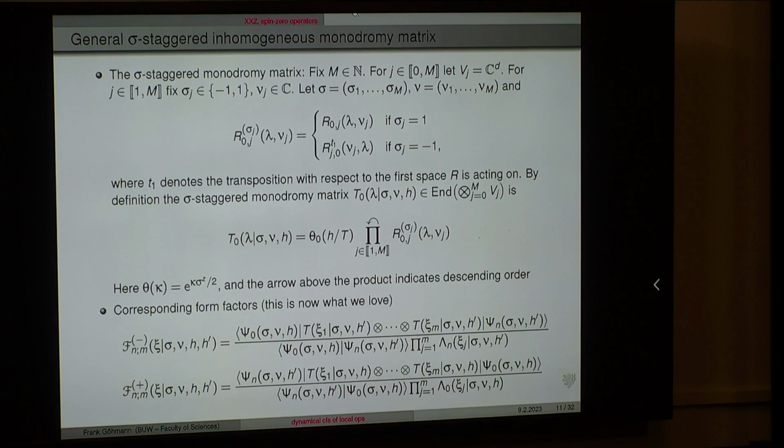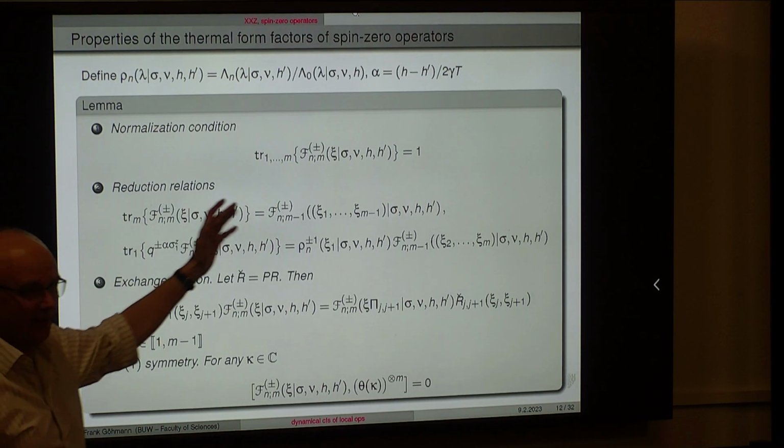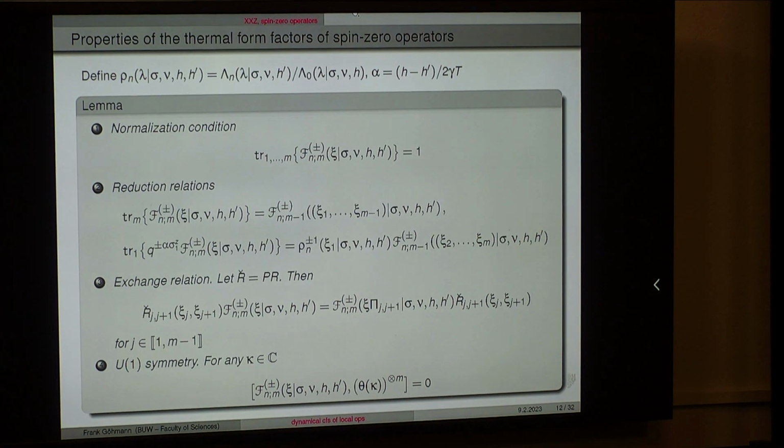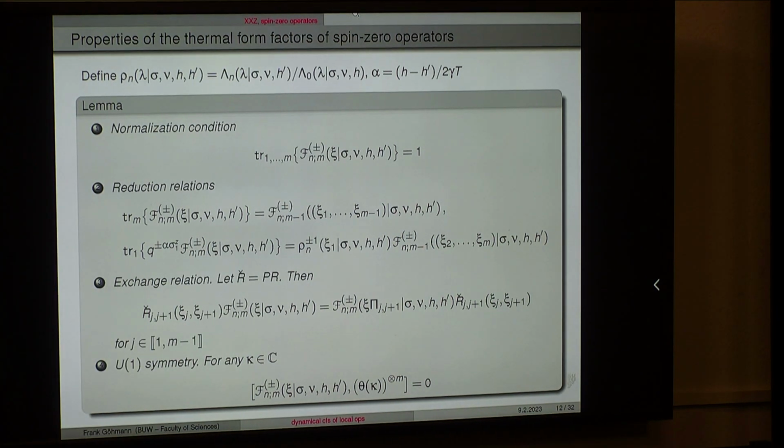This is now what we love, so it's a very general object, and we can study its properties. You've seen some of this in talks by Hermann, by Henrik, and by Holger. So what are the properties? Let me repeat. There's normalization, right? That's very good. If you take the trace over all vertical spaces, you get 1. But there is also reduction.